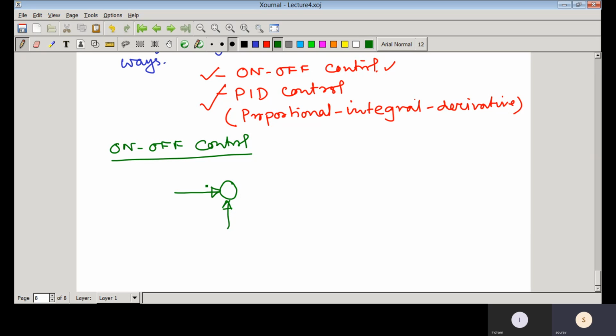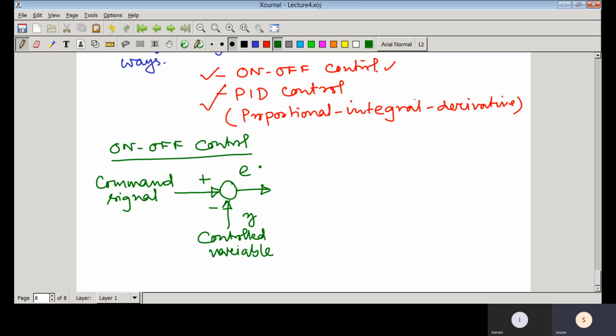Here we have the command signal, and here the controlled variable Y, and we are using negative feedback. Here you have E, which is the error signal.